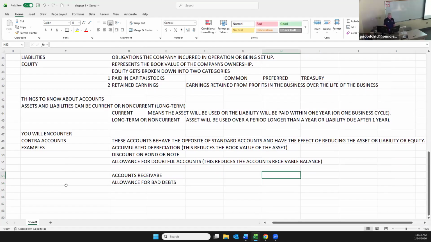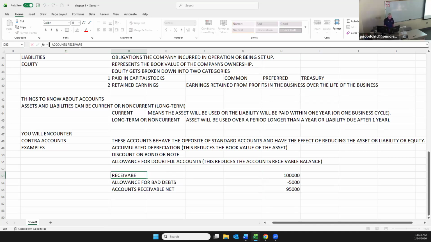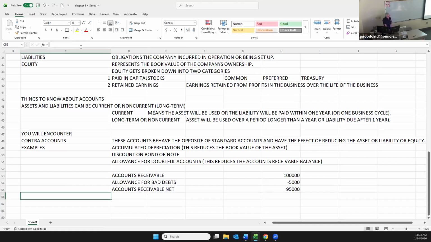So it'll look like something like this, and I'm just using some round numbers. If I just picked 100,000, the allowance for bad debts would be, let's say, minus 5,000. And so you would net these two together, and so you'd say accounts receivable net. And you'd add those two up and get the 95,000. Any question about the account types? Okay.